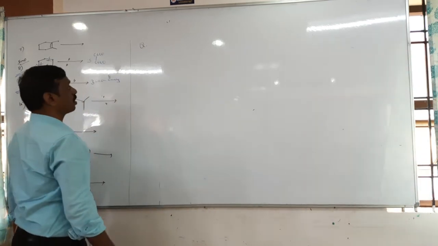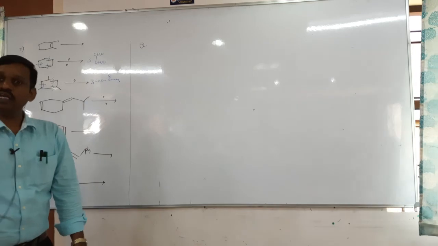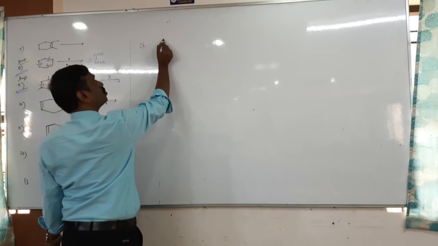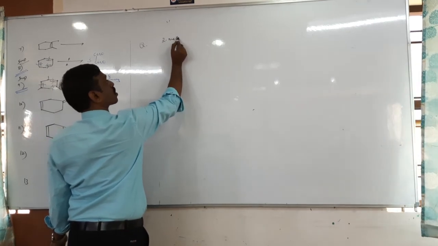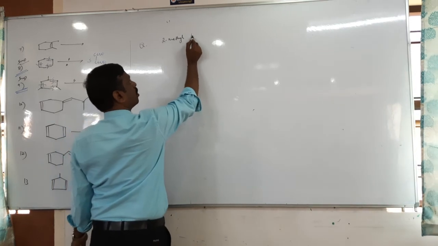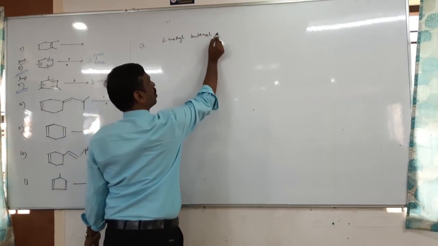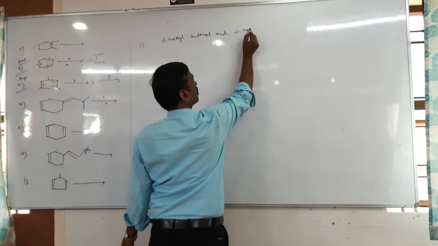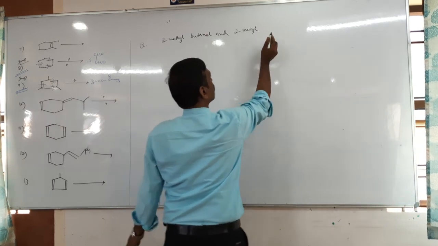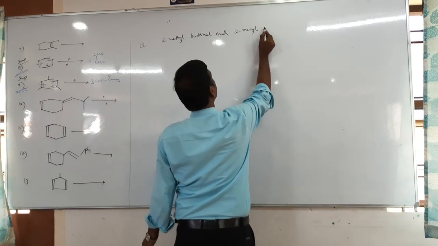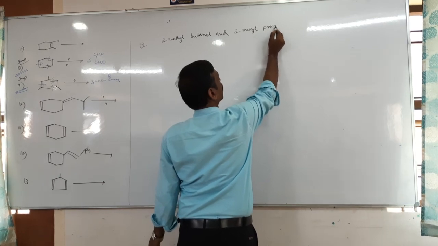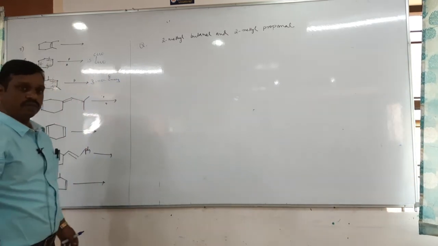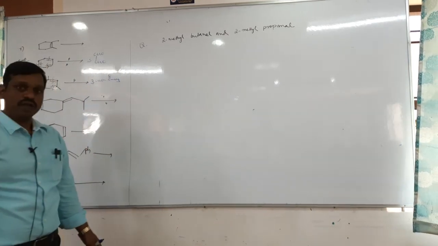Write down the question. The reductive ozonolysis of alkene gives 2-methyl butanal and 2-methyl propanal.